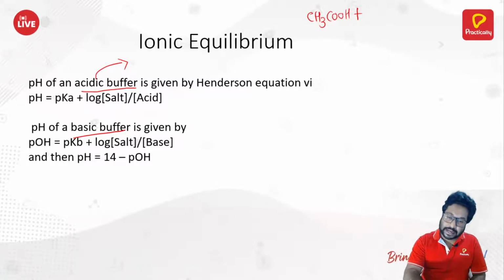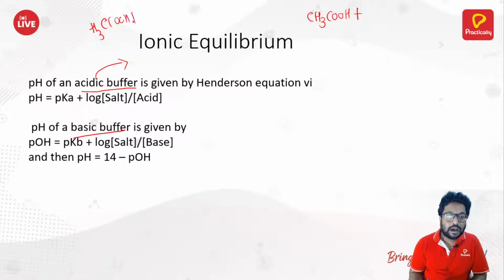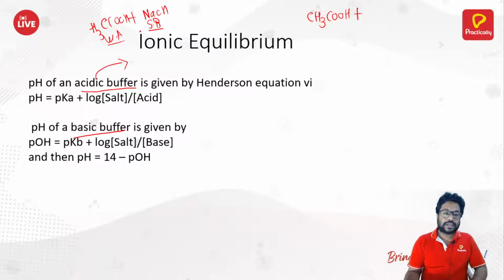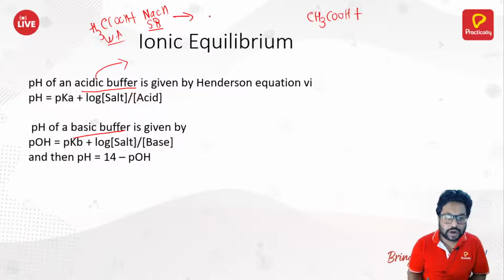That means a weak acid's salt with a strong base. So you can take acetic acid as a weak acid, and combine it with a strong base, which is NaOH. This is the strong base, this is the weak acid. So CH3COOH plus NaOH. NaOH will give you OH minus, CH3COOH will give you H plus. So OH minus plus H plus will give you water.